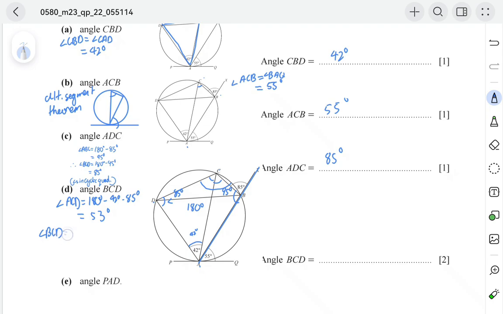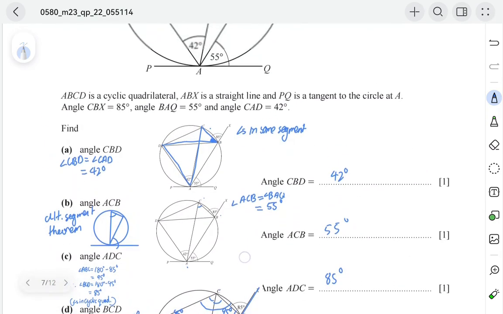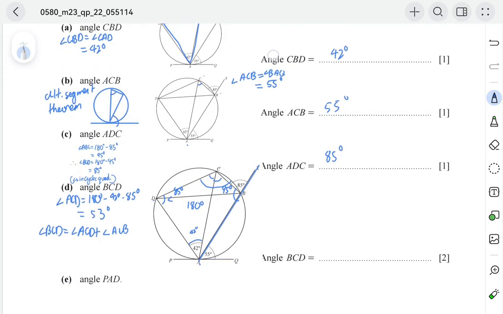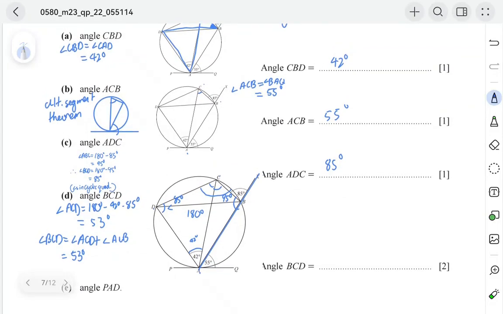Angle BCD equals angle ACD plus angle ACB, from the earlier question here. So you can add those two angles together, 53 degrees plus 55 degrees, to equal 108 degrees.